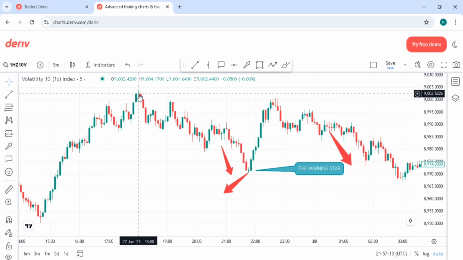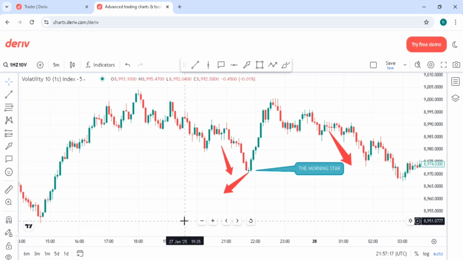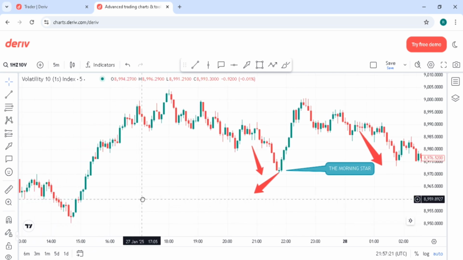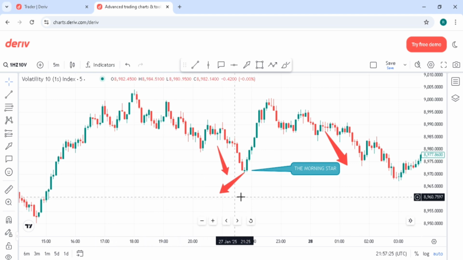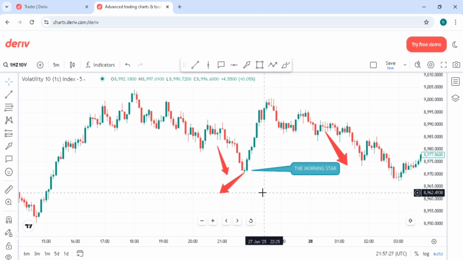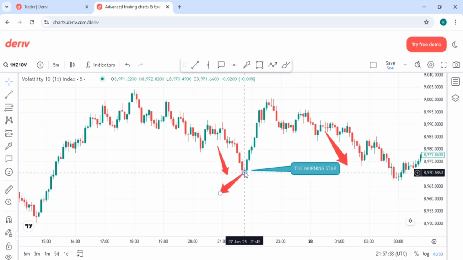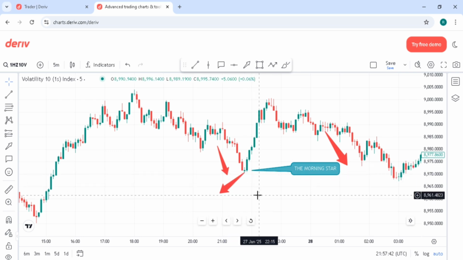And what a doji candlestick means, or even the spinning top candlestick, is that there is indecision in the market. There is indecision in the market. So this small body candlestick means that there is indecision in the market.